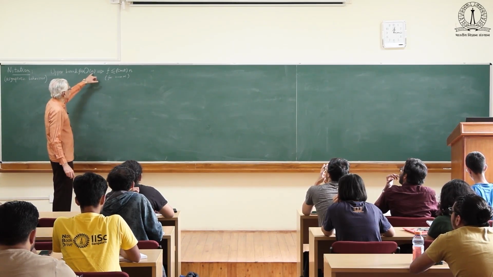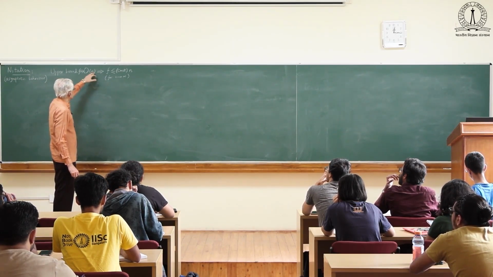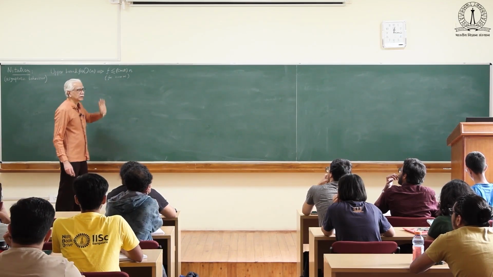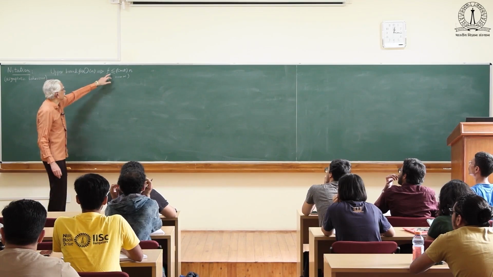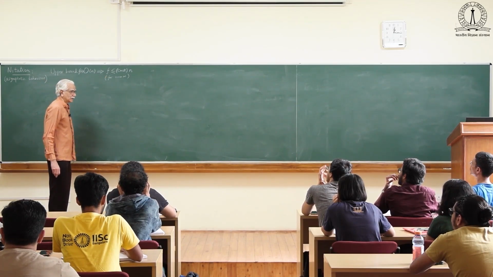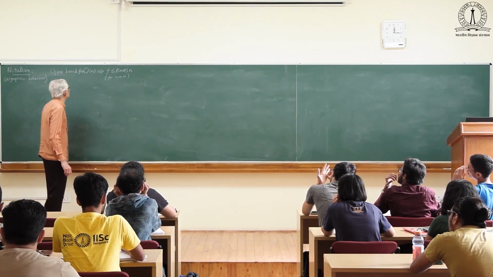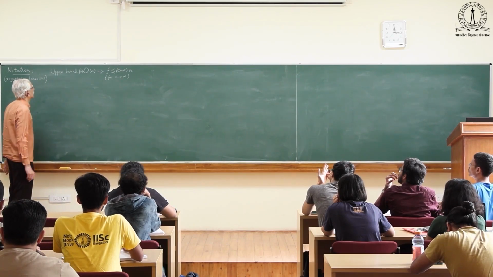And you can put any function over here. Okay, I put n, but it can be e raised to n, so then this will be e raised to n, doesn't matter, but it's basically an upper bound which is denoted by this symbol.